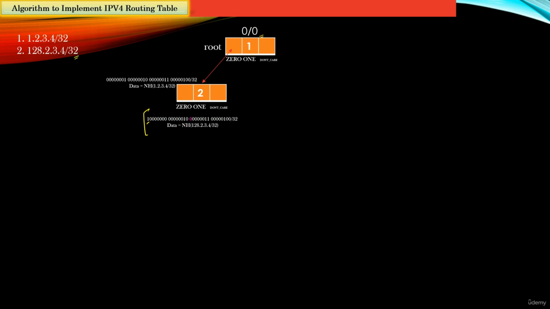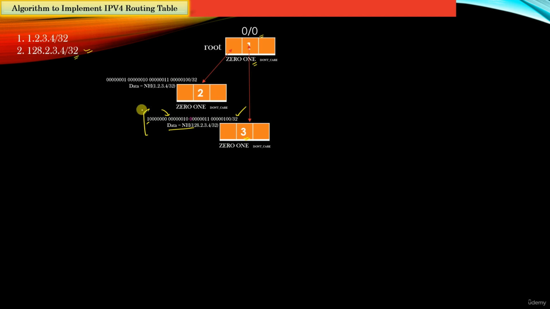We create a new node with node ID say 3, and we make this new node the 1st child of the root node. Node 3 will contain the effective prefix as the following, this is the prefix len, and this is the data part. So we have successfully inserted the route number 2 in this M-trie data structure. Things are pretty easy and simple.